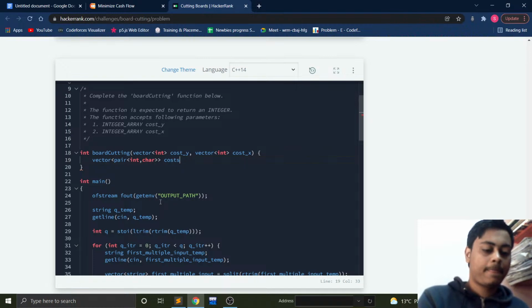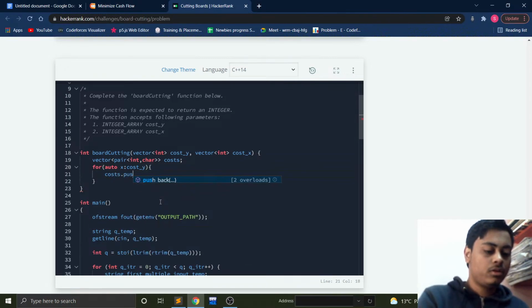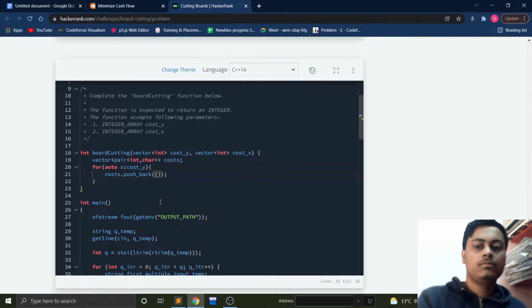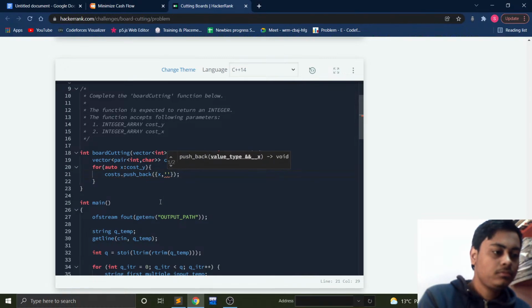Costs, auto, cost y, cost dot push back x comma y.